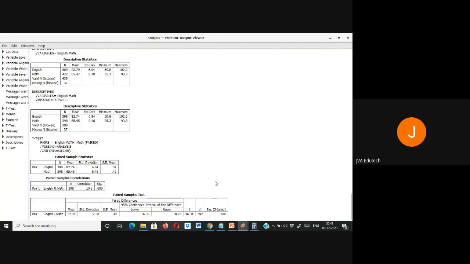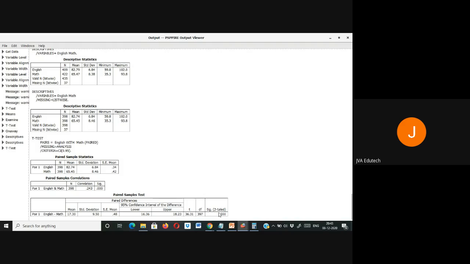Now this table is telling me something. This paired t-test is telling me that P is less than alpha. Null hypothesis is rejected.